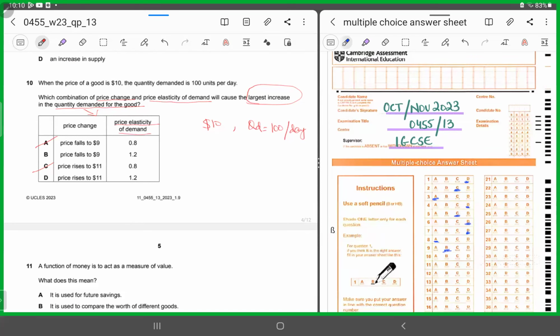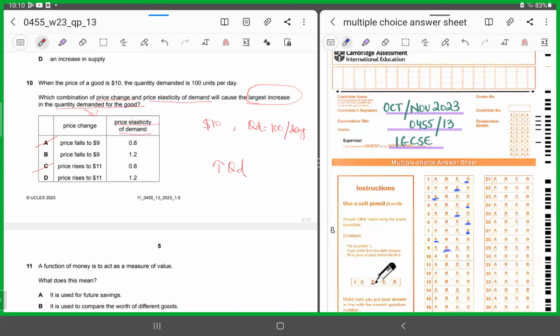Now, what do they want? They want an increase in the quantity demanded. You want a larger increase in quantity demanded. For that, we chose that the price elasticity of demand has to be elastic. Now you want an increase in quantity demand. When you want an increase in quantity demand, what should be the reaction in price?